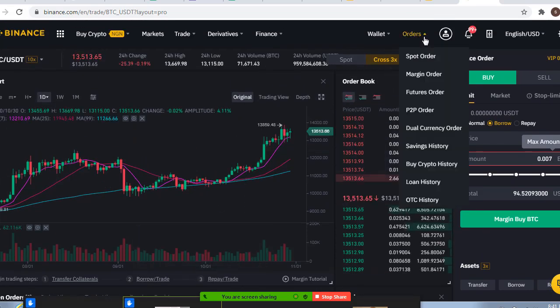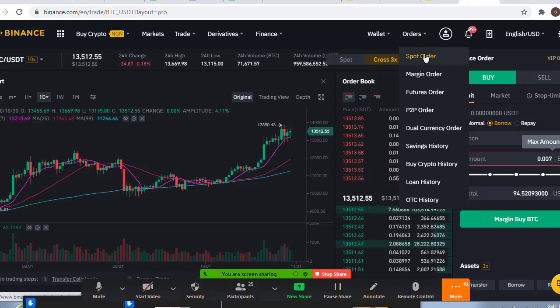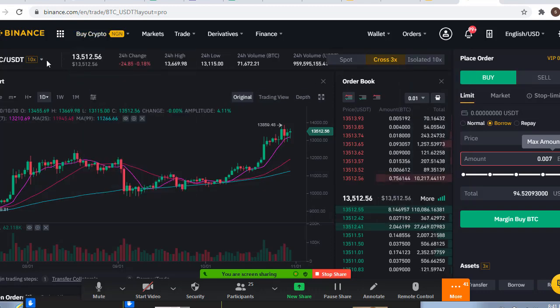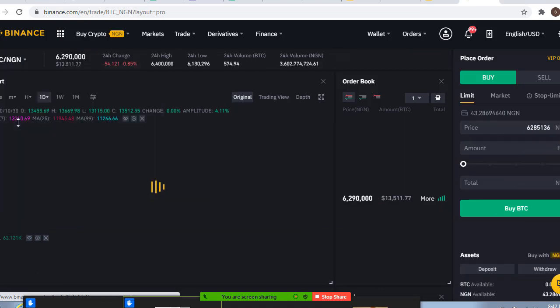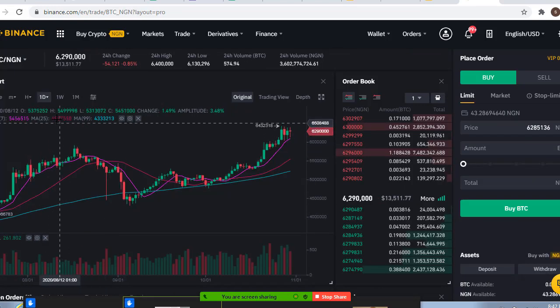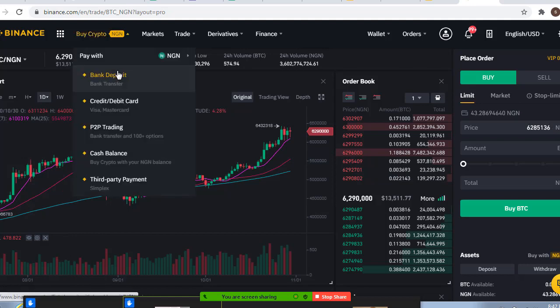Sorry, it's not trading. Is it that when you deposit in Naira, it will automatically convert to USDT? No, when you deposit in Naira, the first thing you do is go to BTC NGN, so that you convert your NGN to BTC.